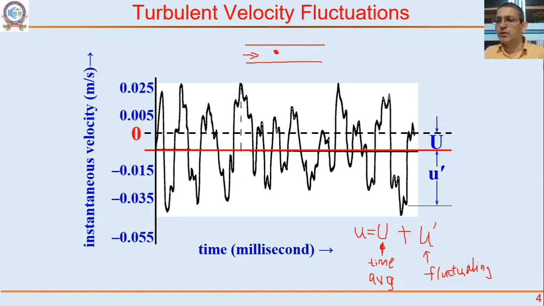So this fluctuating velocity is telling you what is the level of fluctuation over this time average velocity at one location. It is an indication of the different packets of fluid which are arriving or going from this point.